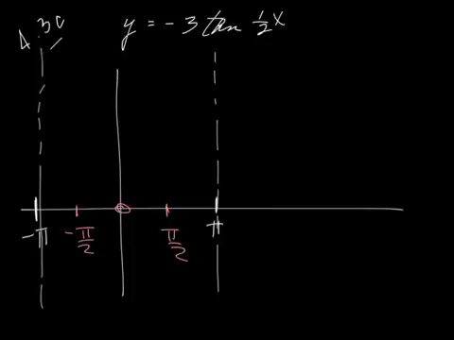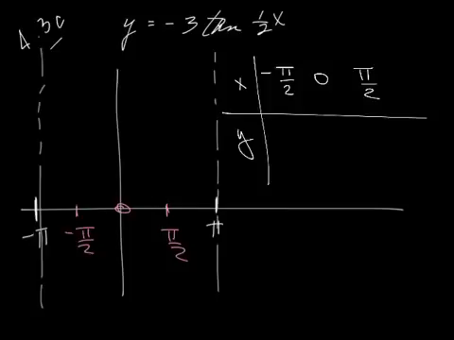Alright, so at this point, we take our x, and we're going to put in -pi over 2, 0, and pi over 2. And see what that kicks out as far as a y value. So when we take -pi over 2 and put it in here, times 1/2, we're going to get -pi over 4.